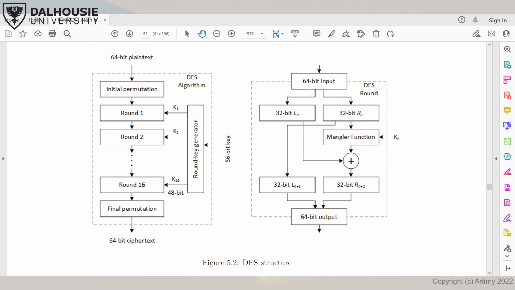The input here is the 56-bit key, and then we have something called the round key generator, which generates key 1, key 2, up to key 16, and these smaller keys are 48-bit. So let's take one step at a time. So how do we generate key 1, key 2, key 3?